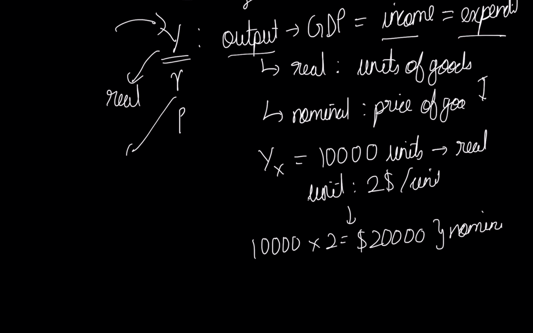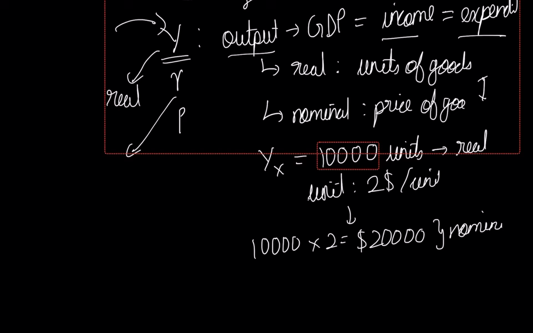Next, we have the real interest rate, R, which is the interest rate that people receive on their deposits with the banks. And as I said before, there are multiple different kinds of interest rates in the economy. It's not just one kind of interest rate. But usually a lot of these interest rates tend to move together. So it makes sense to just focus on one of these interest rates, sort of like a single reference point, and all of the interest rates sort of follow this reference point.